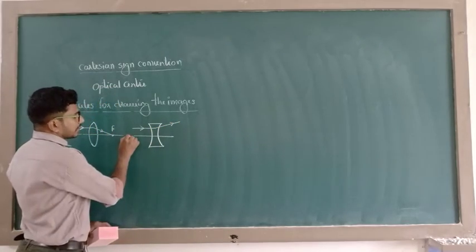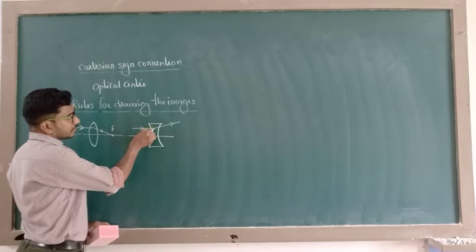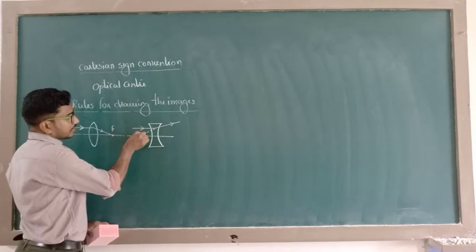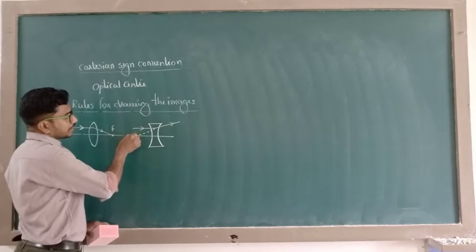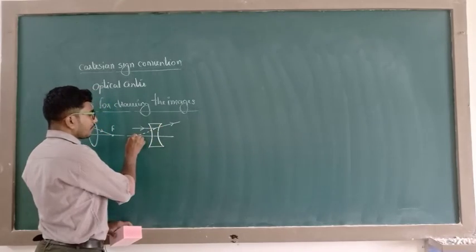By proceeding that light ray in the backward direction, that light ray meets the principal axis at the principal focus.